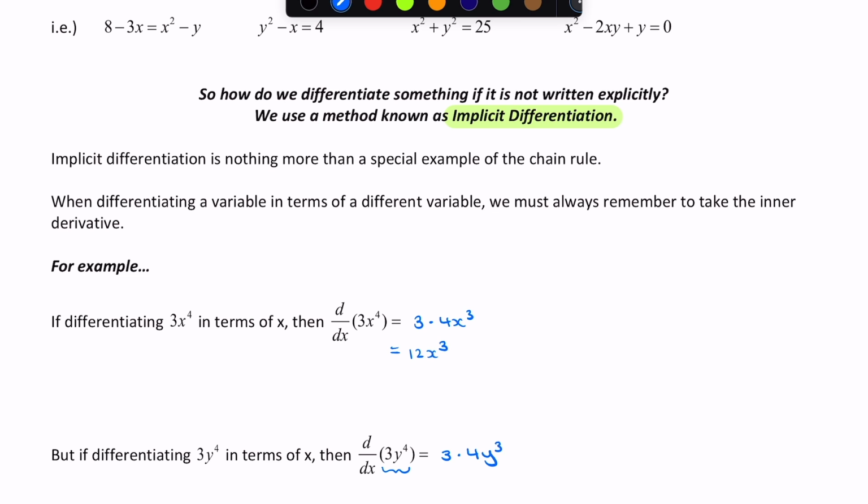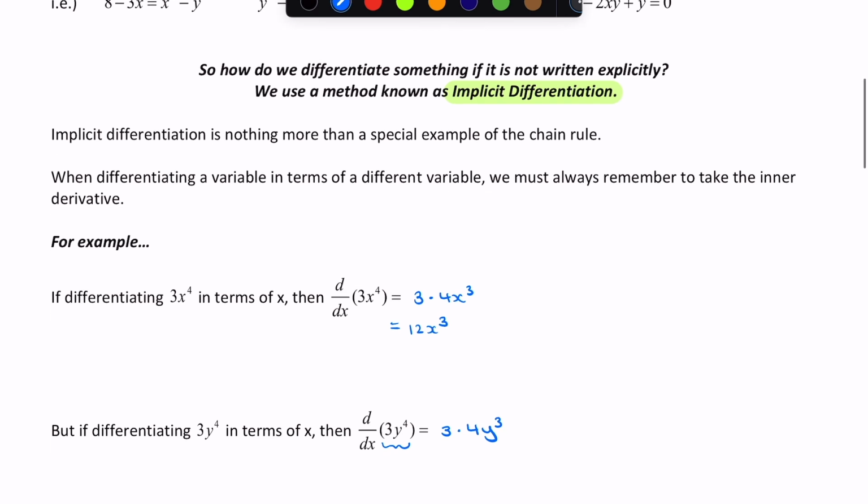That's similar to what we were looking at in terms of 3x to the power of 4, but we also have to derive the inside. Here would be dy over dx. Or here, again, we can rewrite that. If we multiply the 3 times 4, we'll have 12y to the power of 3 dy over dx.